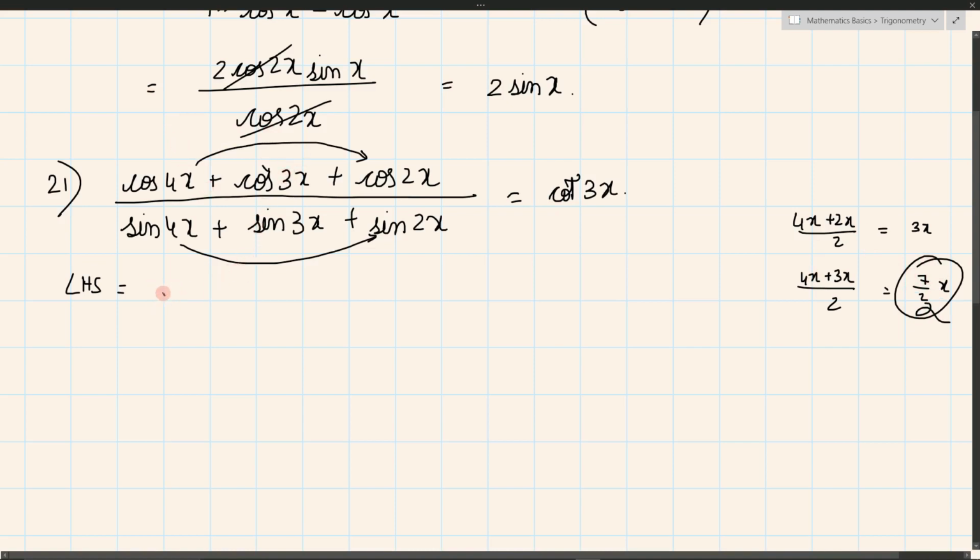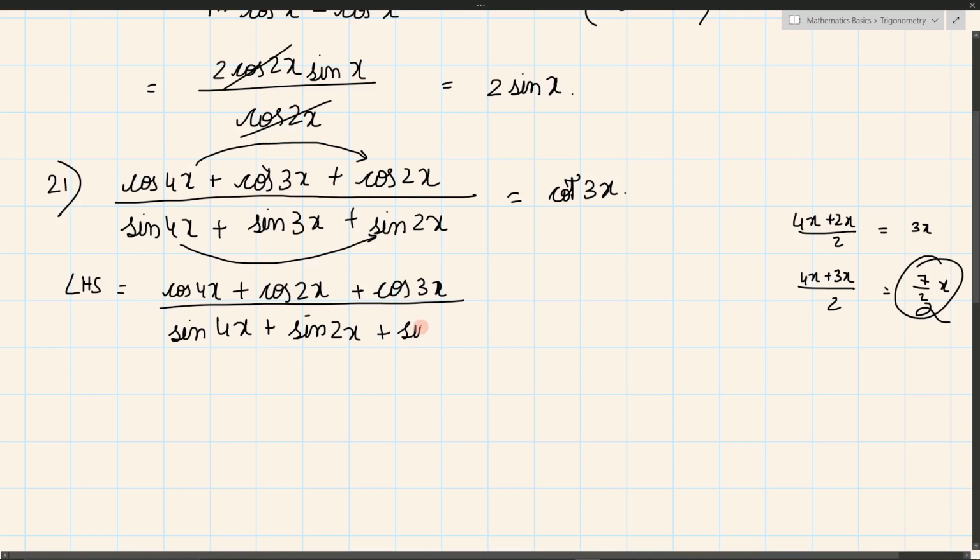So just write it once again. Cos 4x plus cos 2x plus cos 3x divided by, same in the denominator, sine 4x plus sine 2x plus sine 3x. So now I'll apply the formula.